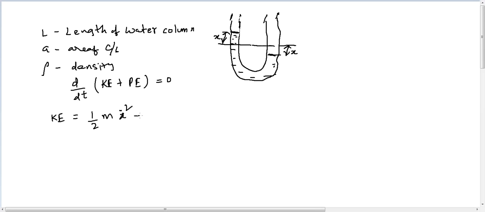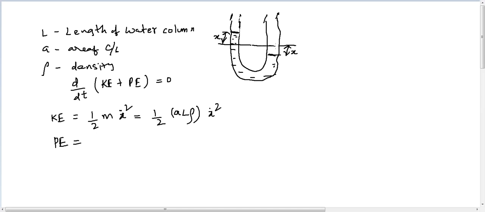Mass is the volume into density, and volume is A into L. So A L rho is the total mass. So KE is half A L rho into x dot square. This is the KE term, and then we have the potential energy P.